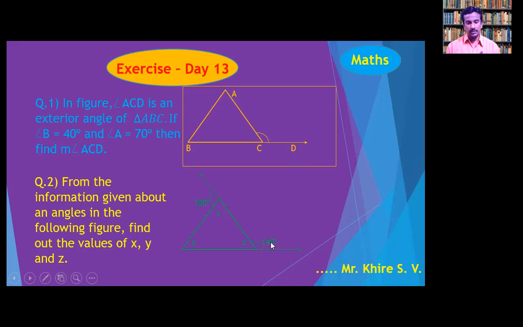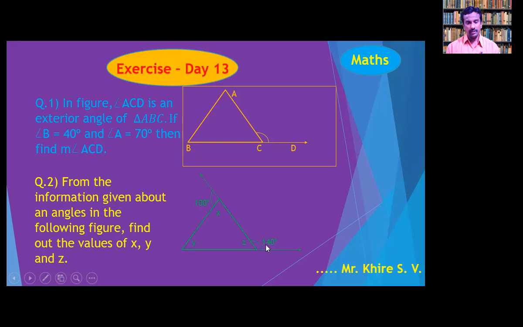Now, this is a linear pair of angles. 100 degrees plus x is equal to 180 degrees, because linear pair of angles are supplementary. Therefore, 100 plus x is equal to 180, so x is equal to 180 minus 100. Therefore, x is equal to 80 degrees.